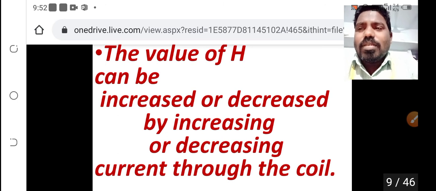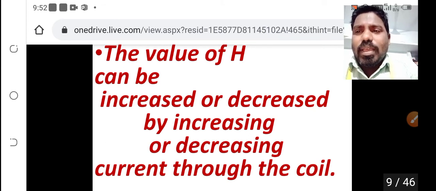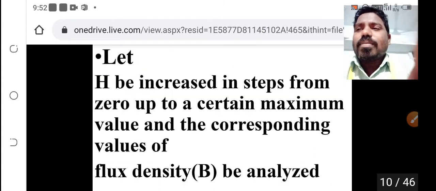It is through the current in the coil. So the value of H can be increased or decreased by increasing or decreasing the current through the coil. Let's see.